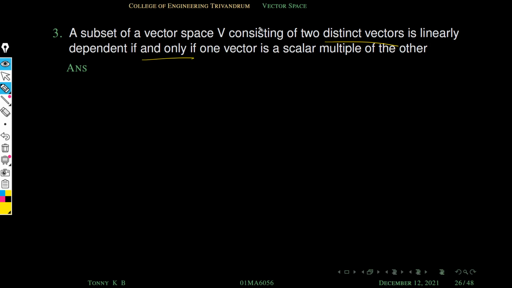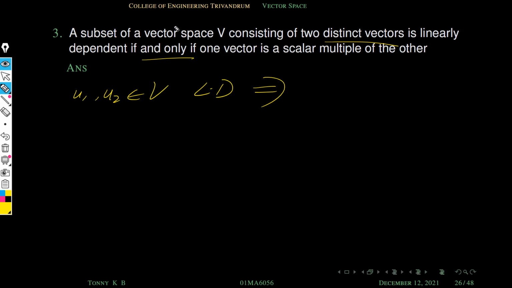First we assume the first statement, that is, two distinct vectors. We can choose some u1 and u2, two distinct vectors, and we assume that they are linearly dependent. This is our assumption, and then we have to show that one of them is a scalar multiple of the other. So that's our first side. First we have to assume the first statement, then we have to prove the second one.